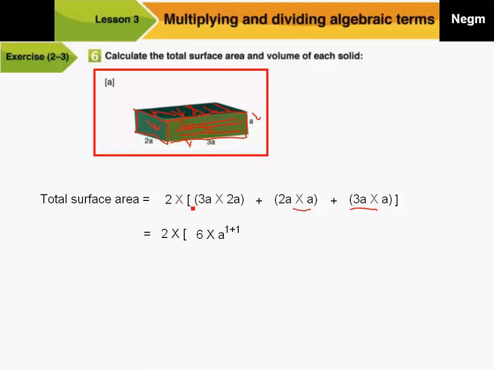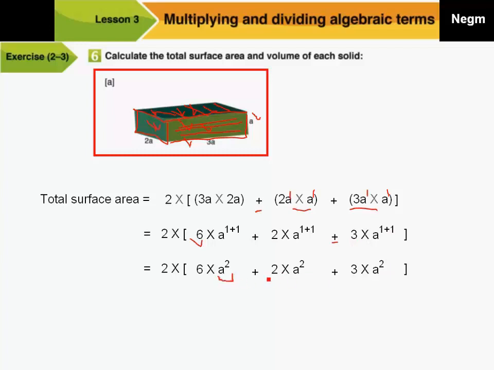This will be equal to 3 times 2 is 6, a to power 1 plus 1, plus 2 times 1 is 2, a to power 1 plus 1, plus 3, a to power 1 plus 1. This will be equal to 2 times 6a squared plus 2a to power 2 plus 3a to power 2.